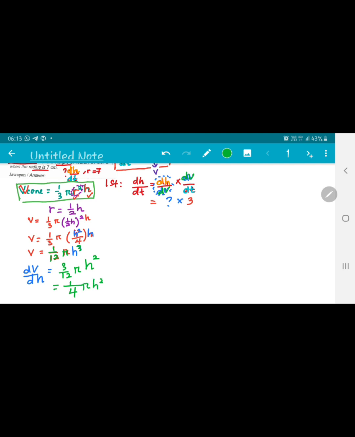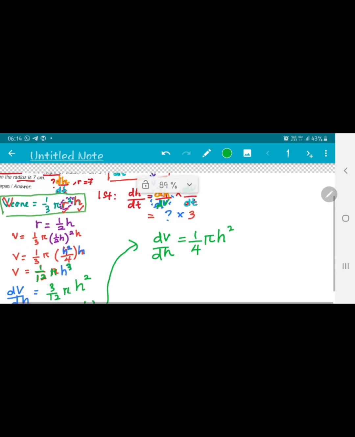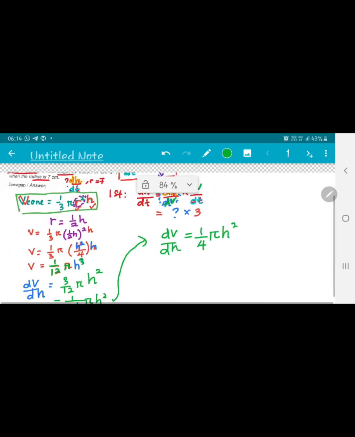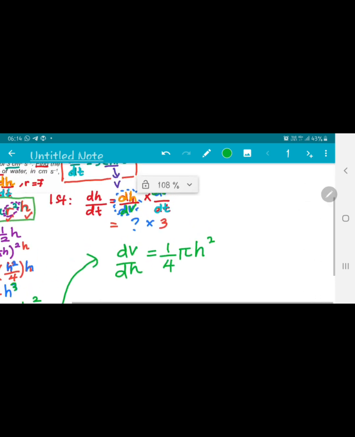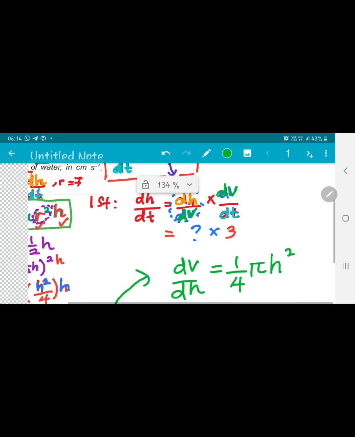So this is dV/dH. But we want a value. They are not given the value of h, right?